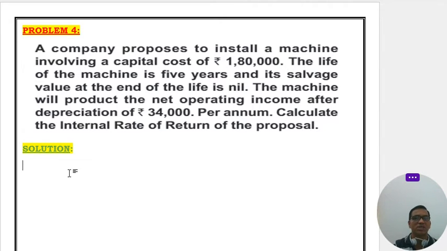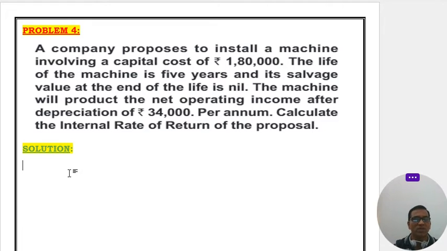So in this question they are asking you to calculate the IRR. In order to calculate IRR, we have to apply the interpolation formula. In order to apply interpolation formula, we need two NPVs. If you want to calculate NPV, we need some discount factor. So discount factor is not available in this question.